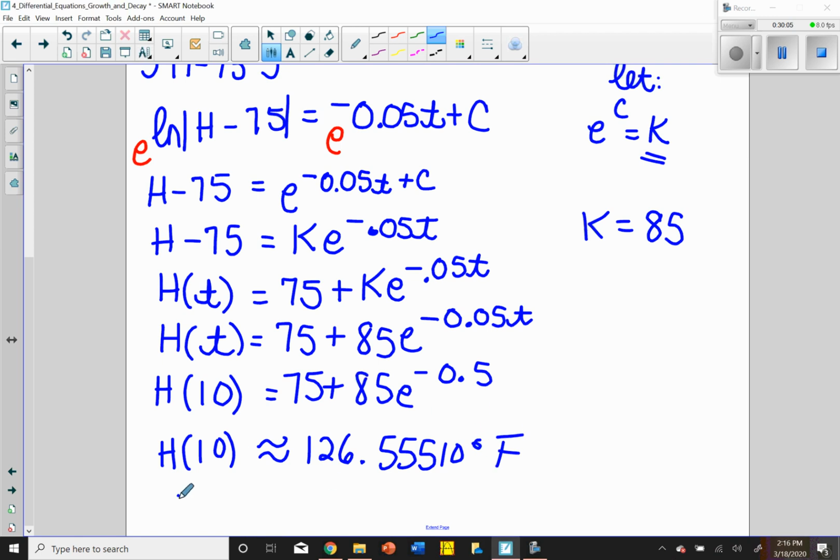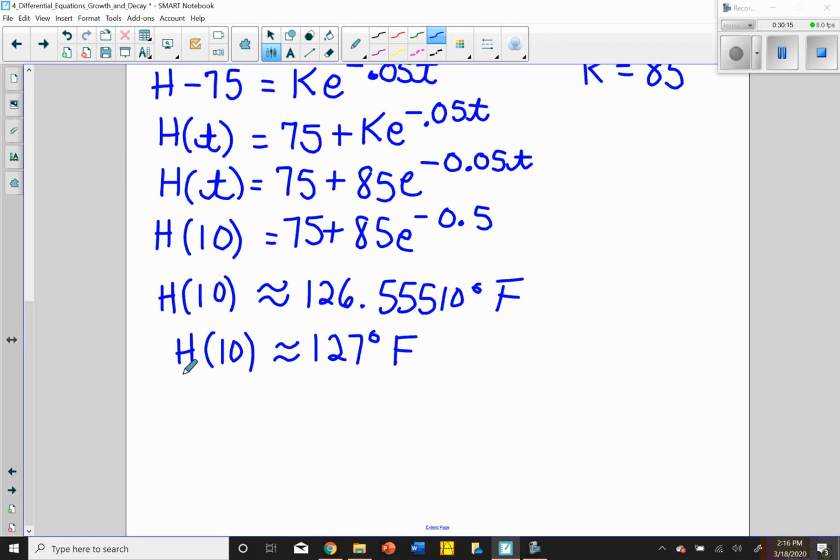So roughly, if we round to the next whole number, 127 degrees Fahrenheit. Now, just to mention, unless College Board tells you to round to a whole number, you write 3 decimal accuracy for the AP exam. Okay, that finishes up this chapter, Chapter 7, Differential Equations.